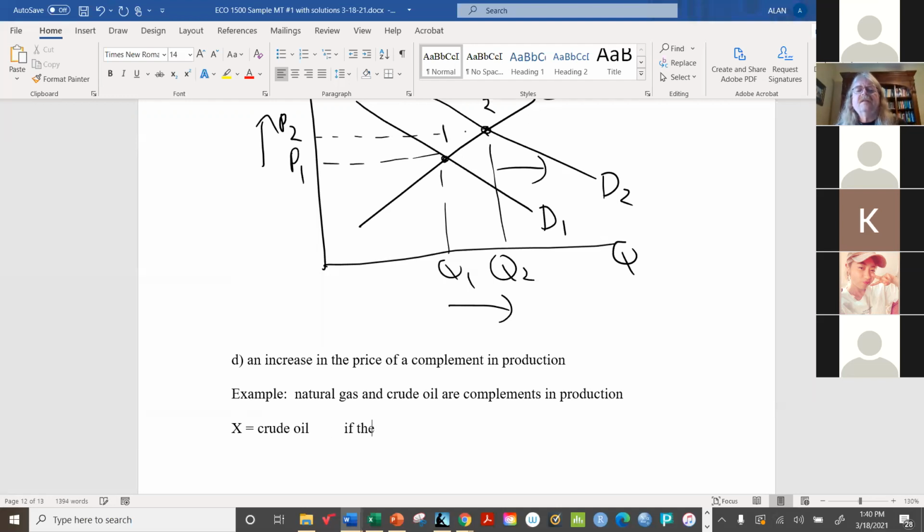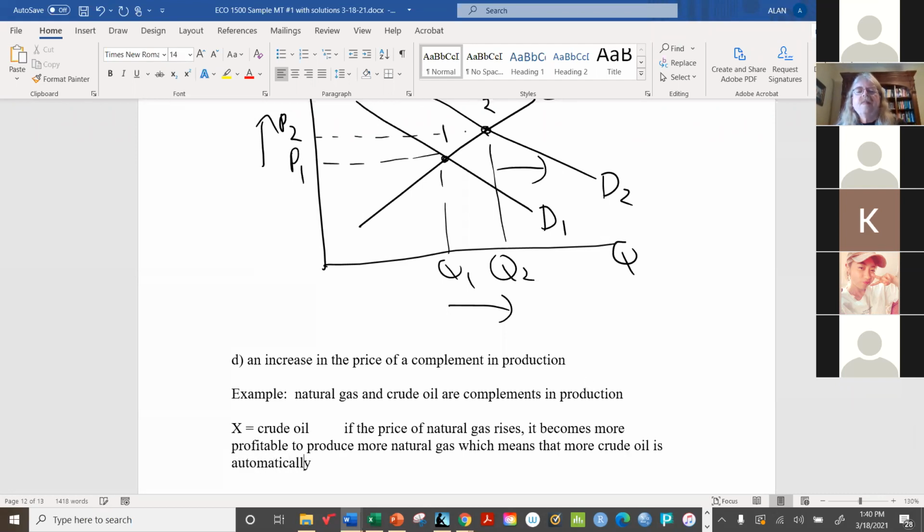If the price of natural gas rises, it becomes more profitable to produce more natural gas, which means that more crude oil is automatically being produced because it's part of the same process.